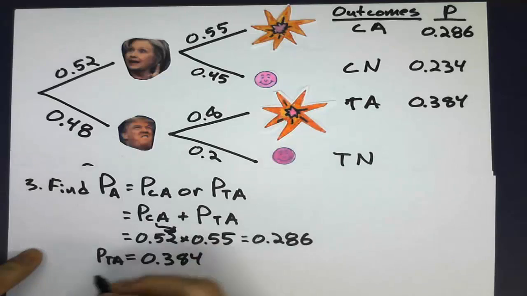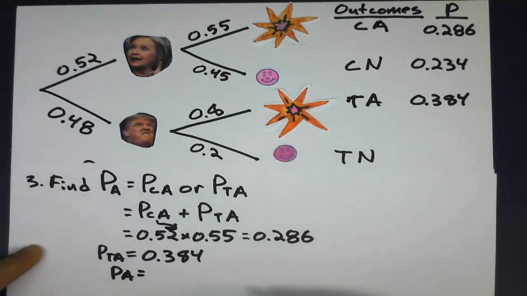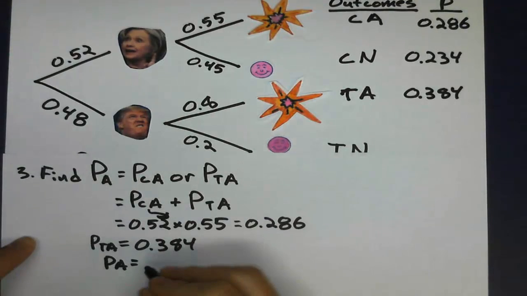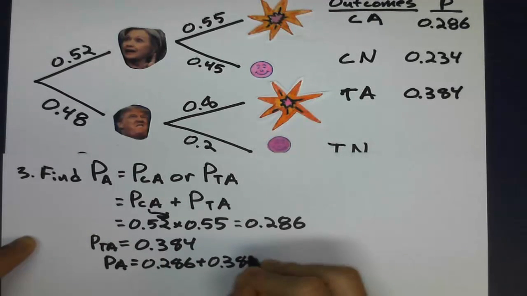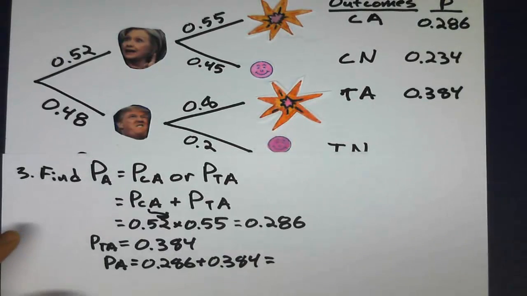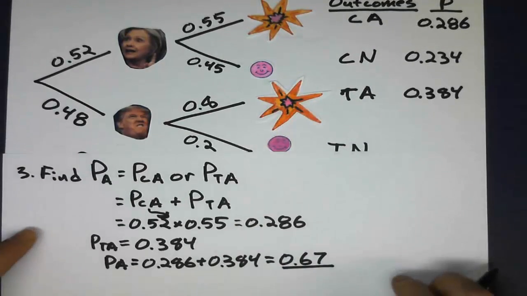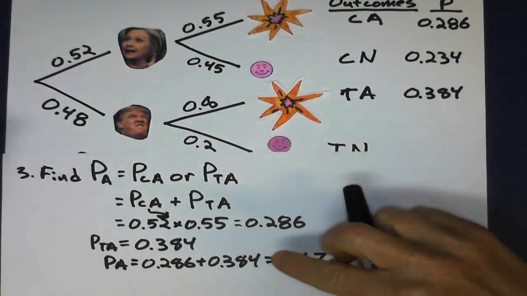So the probability of either of those happening is Clinton's 0.286 plus Trump's chances of the end of the world, 0.384, giving me a cheerful total of 0.67. Yikes. All right.